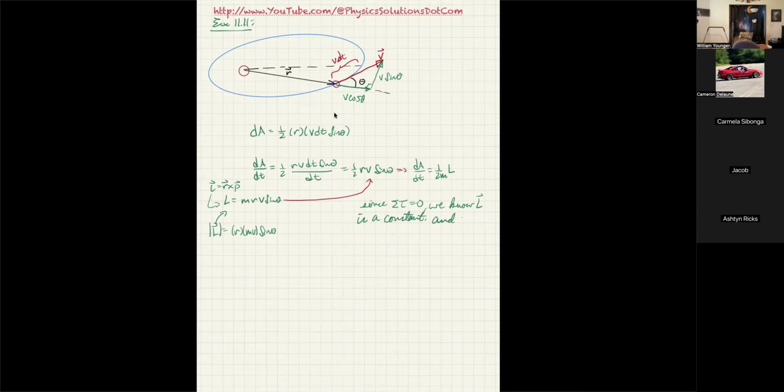And M is a constant because it's a planet. We're not expecting the planet to be losing any weight. Therefore, dA over dt equals a constant.